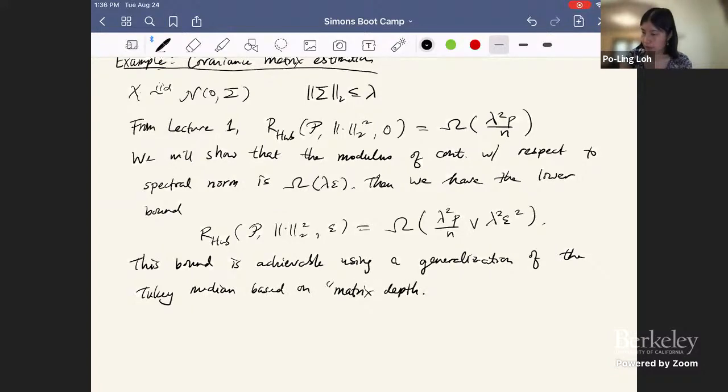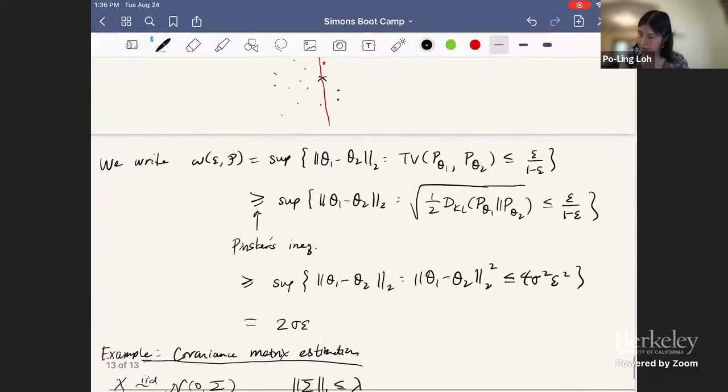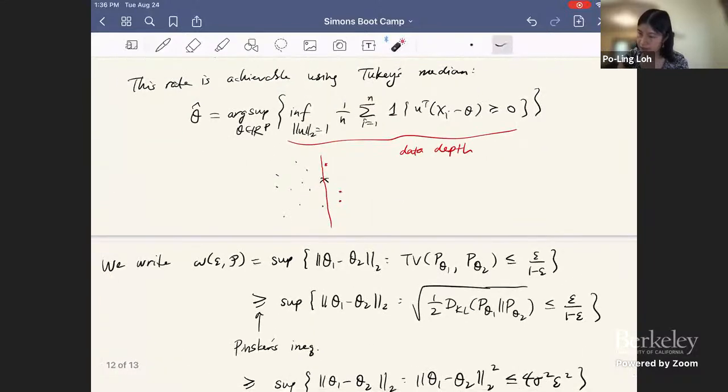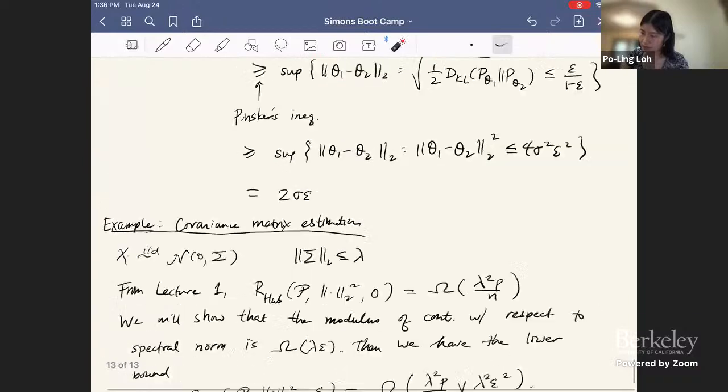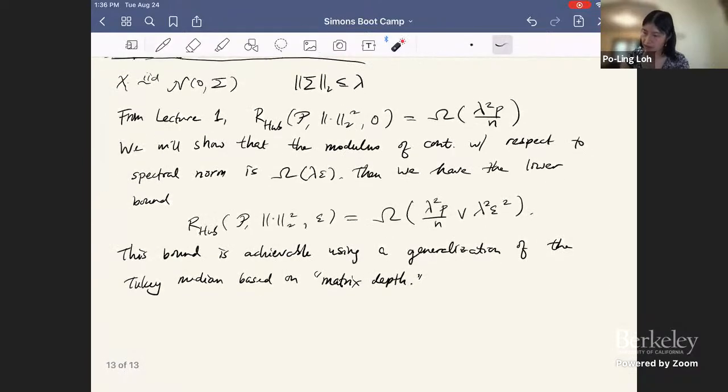In the case of the usual Tukey median, you're looking at projections of the data in one dimension. When you're in the space of matrices, you need to do something a little bit different: you calculate some notion of data depth for every matrix, and then you take the deepest matrix. This is all in the paper by Chao Gao and co-authors.